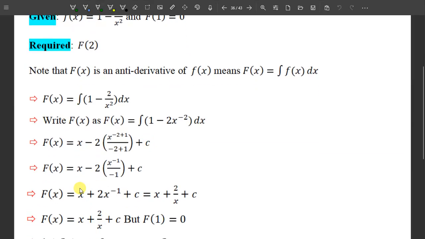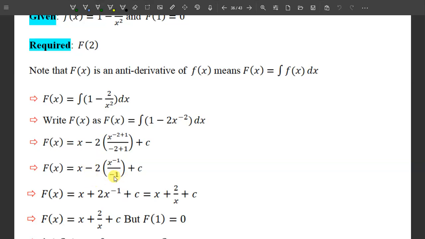Then this becomes: minus 2 plus 1 is minus 1, so x to the power of minus 1, and the denominator is also minus 1, because the sum of minus 2 and 1 is minus 1. When this minus is multiplied by that minus, we get positive.